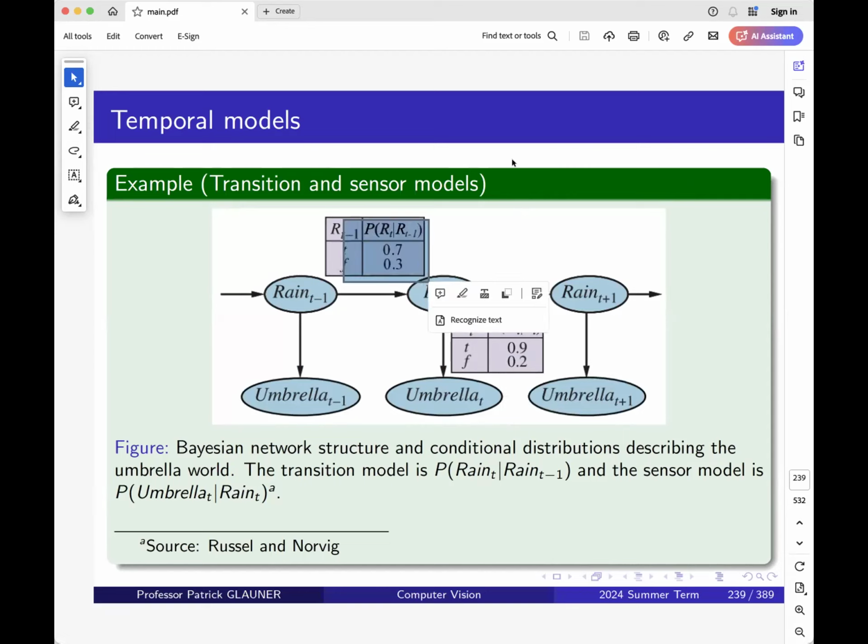Here, this table is fine too. However, this 0.7 and this 0.3 add up, but they don't necessarily have to, like we see here, because what needs to add up is the probability of having rain on a day when there was rain before, together with the probability of not having rain that day.